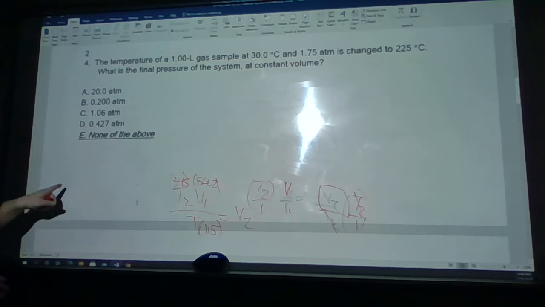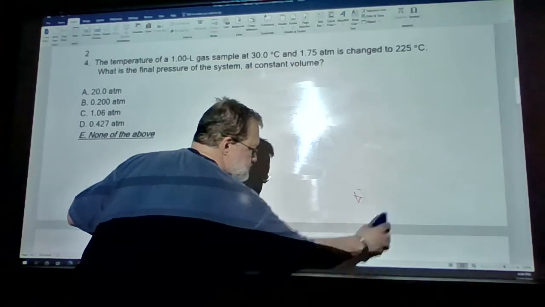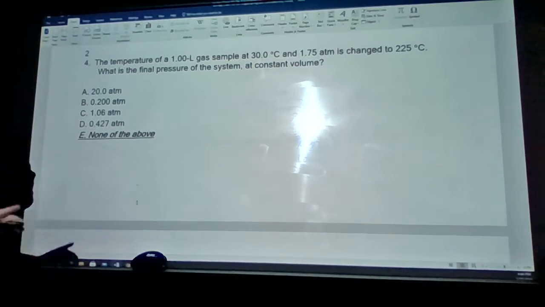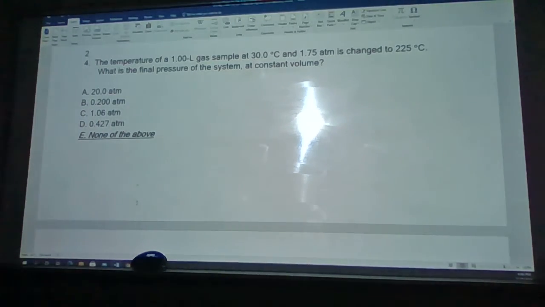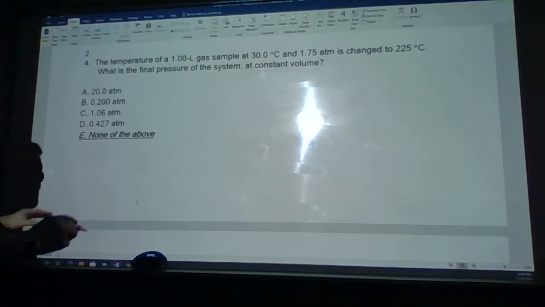Number 4, what is the temperature of 1 liter of a gas that is at 30 degrees C and 1.75 ATM? It's changed to 225. What's the final pressure of the system at constant volume?